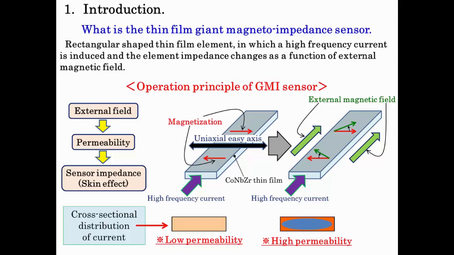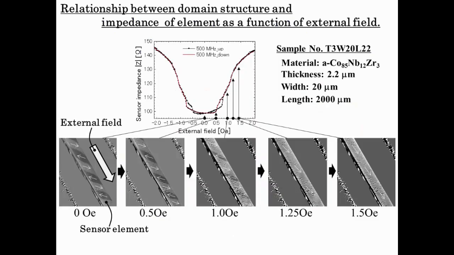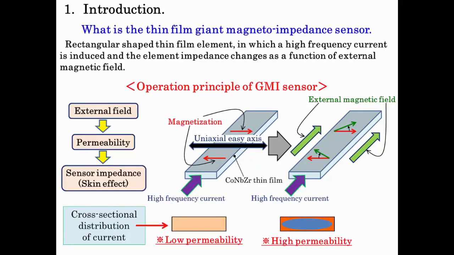The direction of the uniaxial easy axis was controlled by the direction of the magnetic field while annealing. A high frequency current is induced along the length direction. The sensing direction of this element is the length direction because of its very thin film, narrow width and long length.